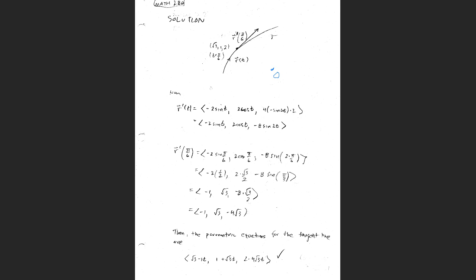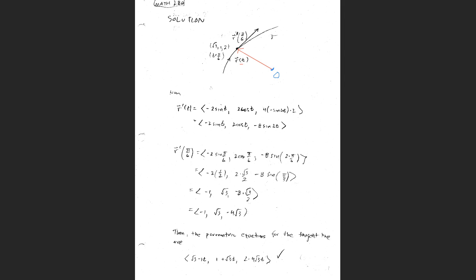And that's my space curve, r of t. As t varies, it traces out a curve in space. Of course, what we're interested in is when t equals pi over 6.